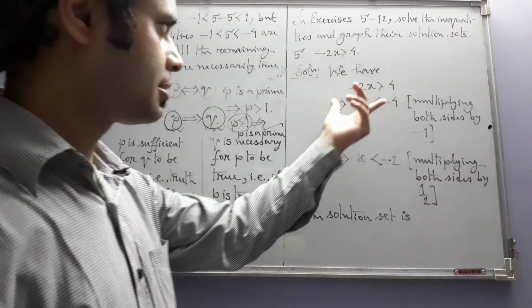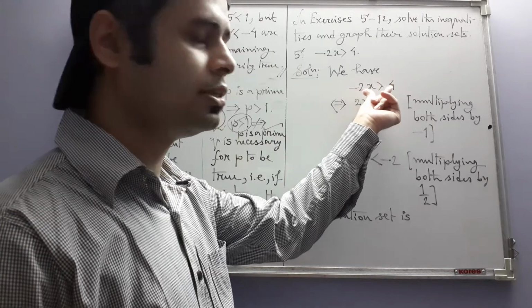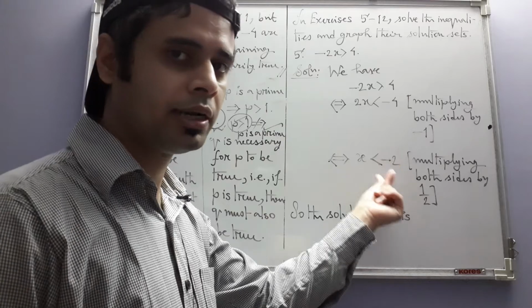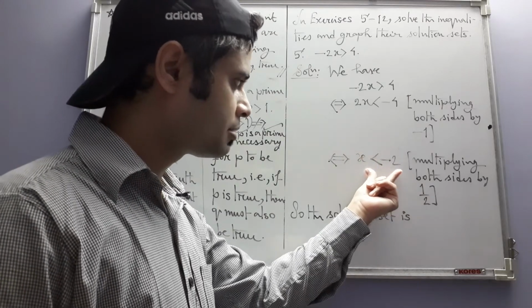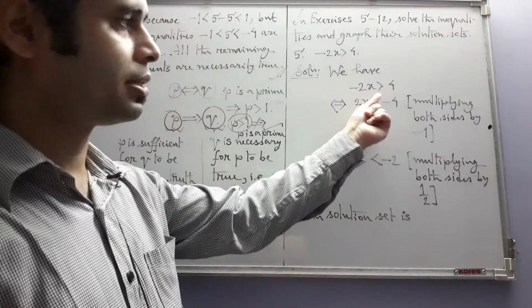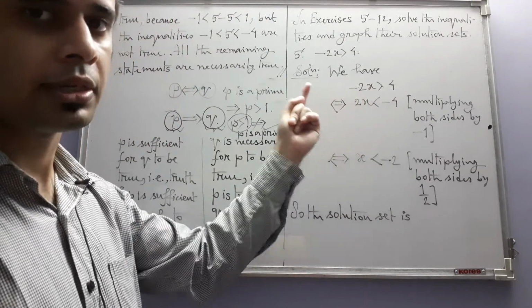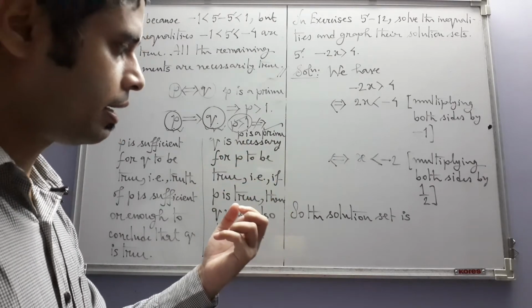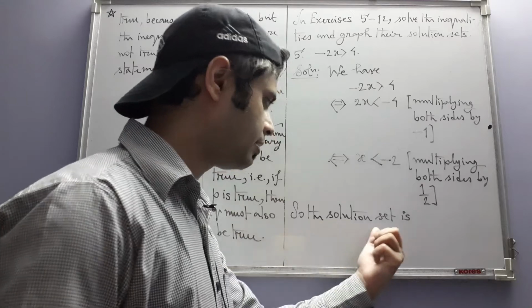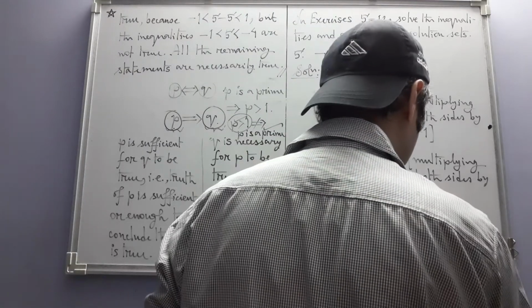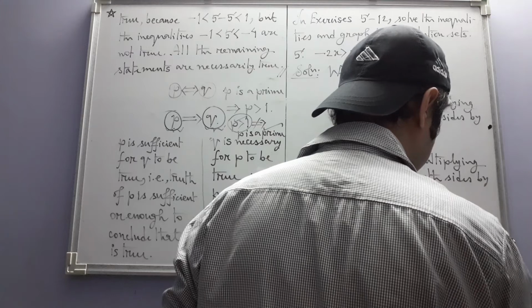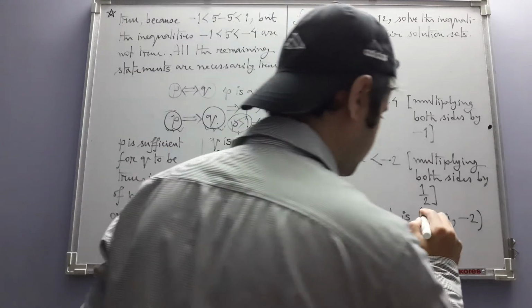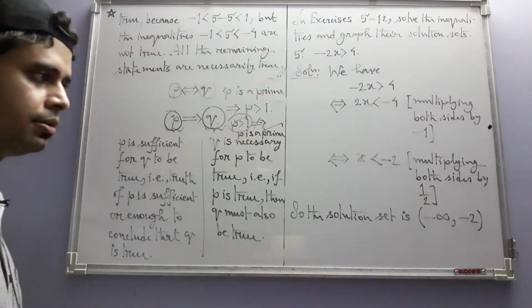That means the set of real numbers satisfying this inequality is a subset of the set of real numbers less than minus 2, and the set of real numbers less than minus 2 is also a subset of the set of real numbers satisfying this inequality, and that's why the two sets are equal, and because of that we can write the solution set is this: the set of all real numbers less than minus 2, which is this ray.